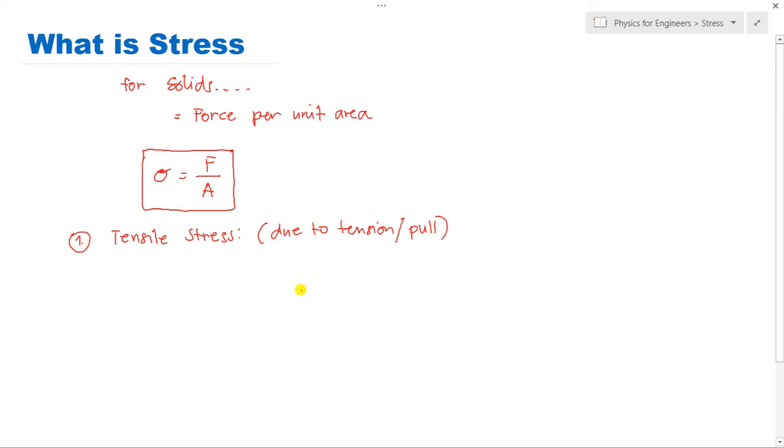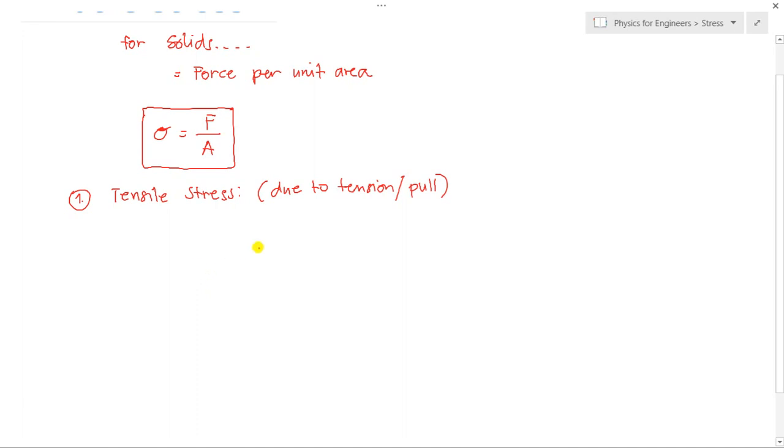Now, kung ato i-pull ang material, of course, maka-experience na siya og stress. So, let's say we have here a rod. So, natay simple nga rod. And then, the rod, of course, has a cross-sectional area denoted as AC. So, again, this is our cross-sectional area.